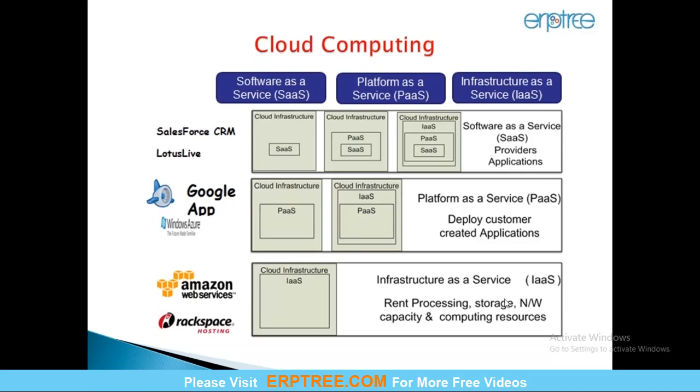And the third one is infrastructure as a service, where you have Amazon Web Services and Oracle Cloud, which help you use the infrastructure and rent storage, capacity and compute services, and make use of the peak workloads you get. So these are the examples of your SaaS, PaaS, and IaaS models.